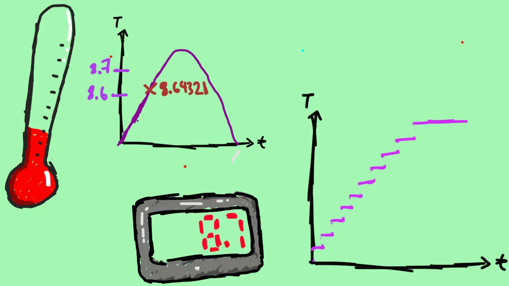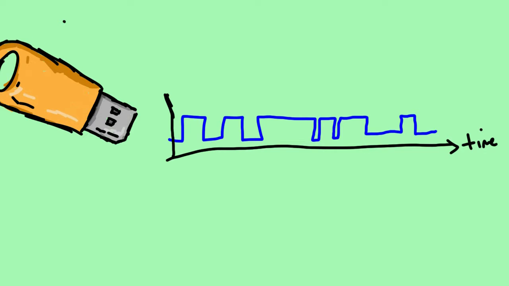So what we're going to look at now is digital signals. Let's say we have a USB flash drive. Now a flash drive, when used on a computer, needs to communicate with that computer. And this is done by sending data and commands. The signals we send would look something like this.